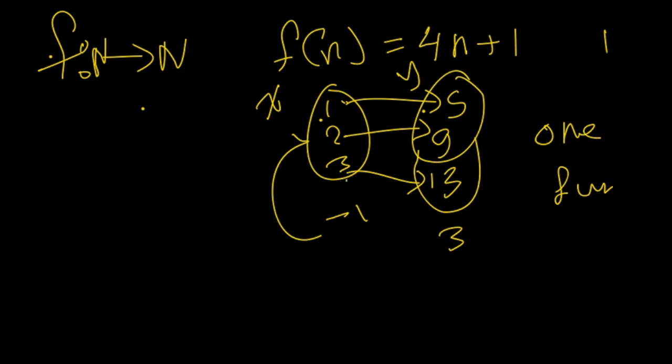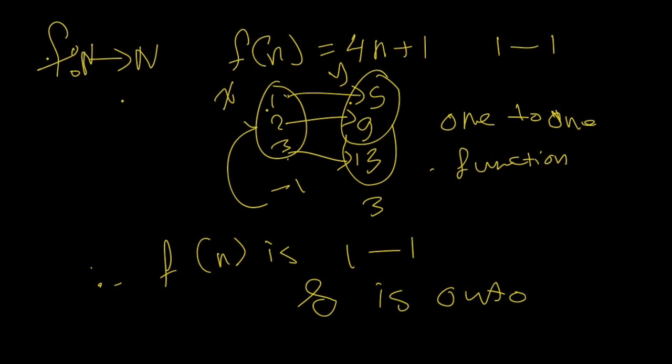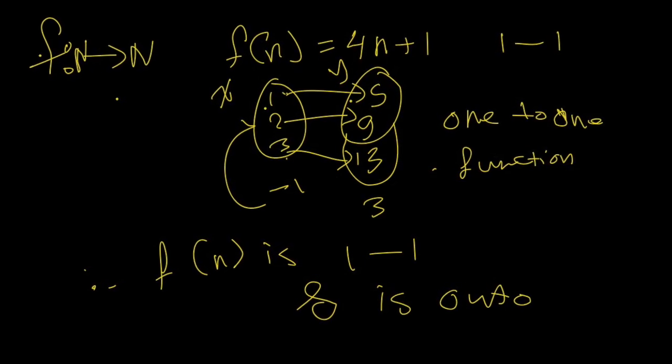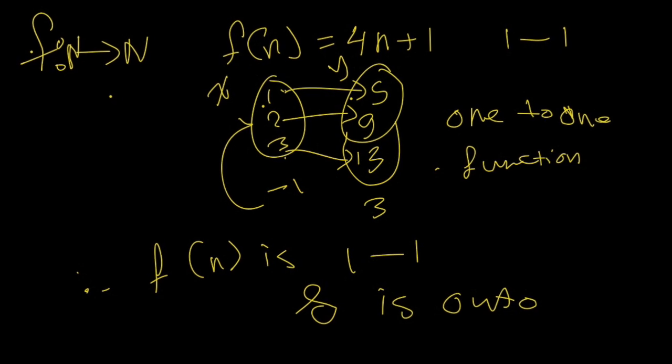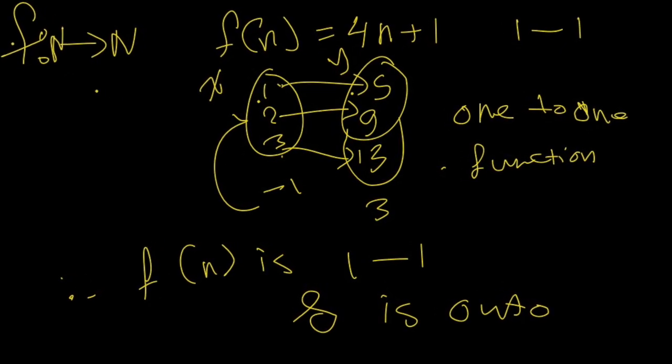The reason is that for every element in x, you can call this x and this y, f of 1 is 5, f of 2 is 9, f of 3 is 13, and f of minus 1 is minus 3. So every element in x has an image in the codomain, so this function is one-to-one.